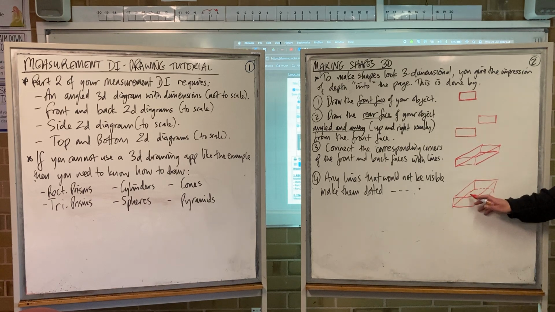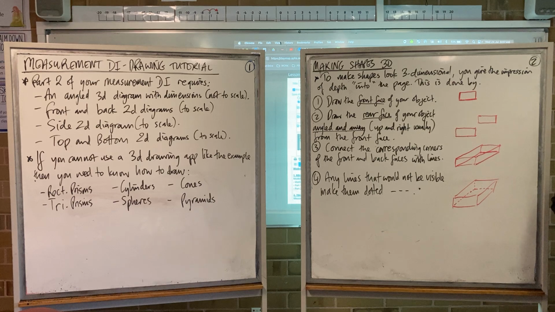The bottom left edge along the side, no, dot that. Am I missing anything? I think there's one more edge that you wouldn't be able to see. Yes? Left of the rear, dot, dot, dot.